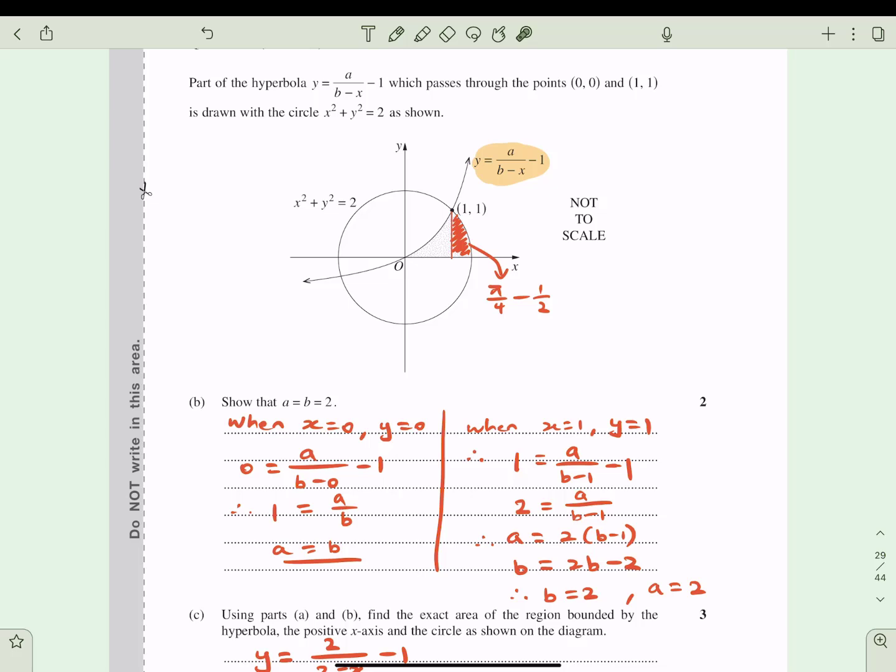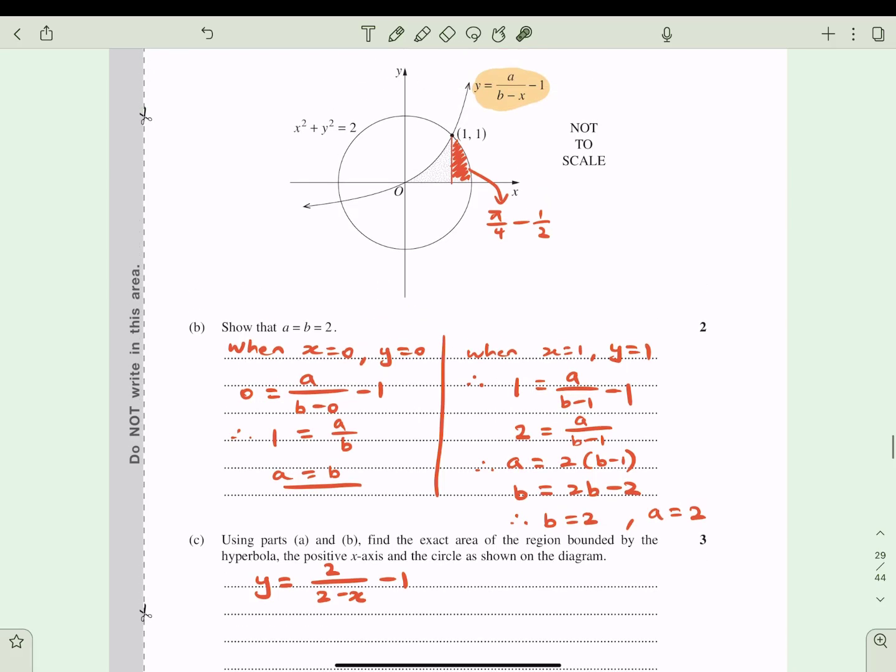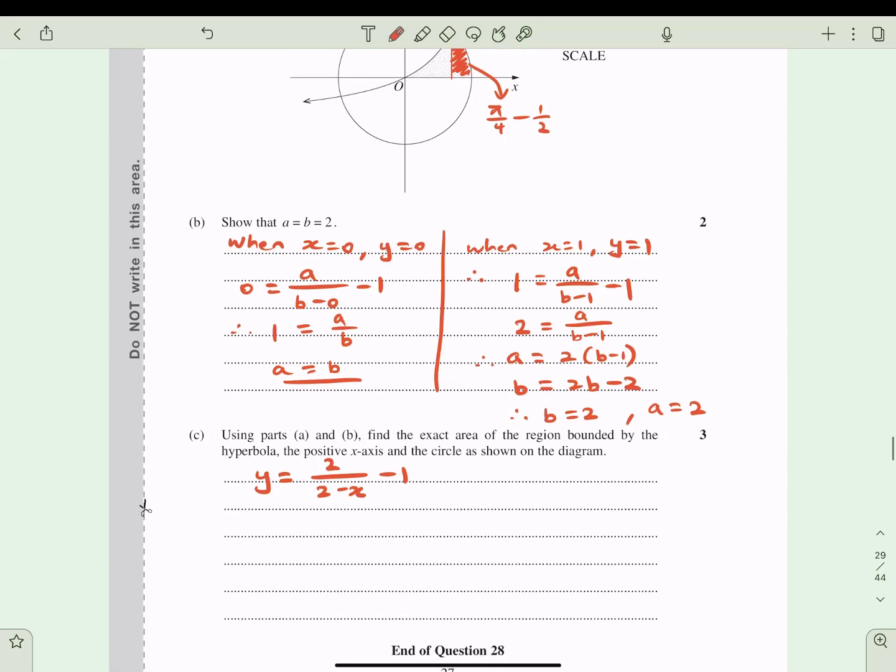Luckily for us, that seems to be the area underneath my hyperbola. When we think of that, we now need to think of integration. We need to find the area underneath my hyperbola with the bounds of 0 and 1. So let's write that down.